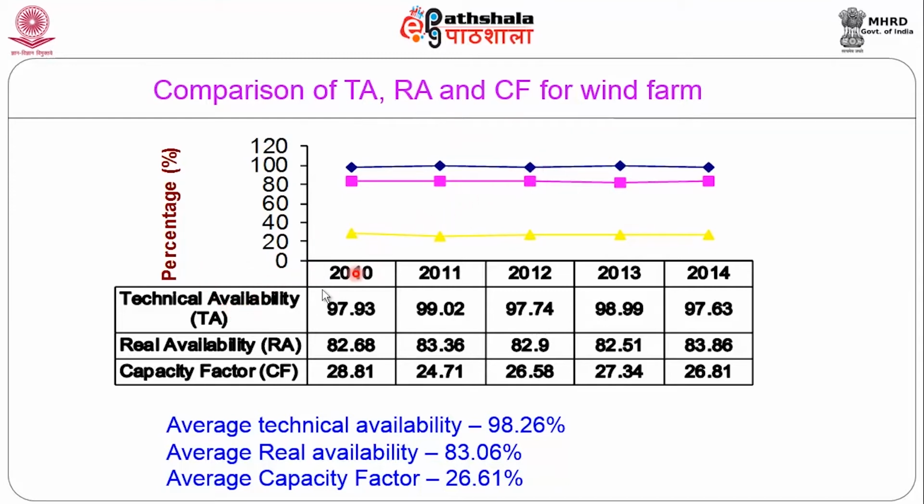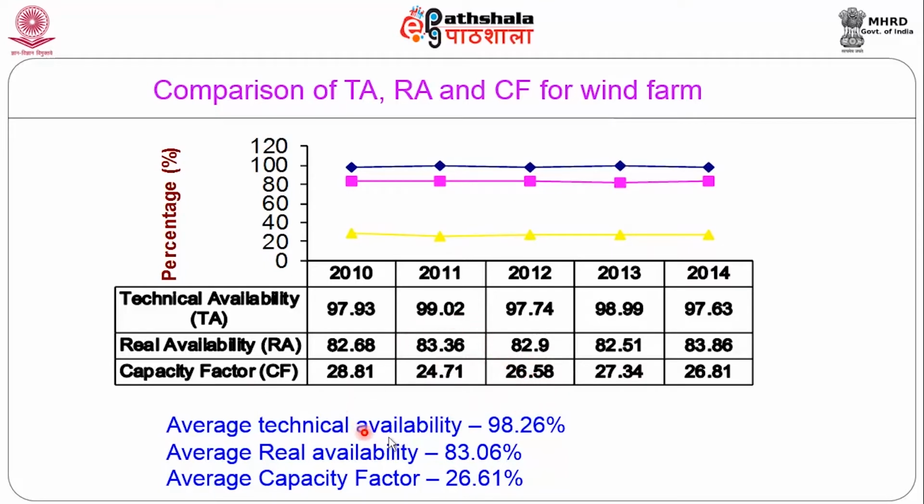Here we see the technical availability, real availability and capacity factor, and over the years it is quite good, about 95% plus. Real availability is also quite good, 80% plus, and capacity factor is about 25% plus.